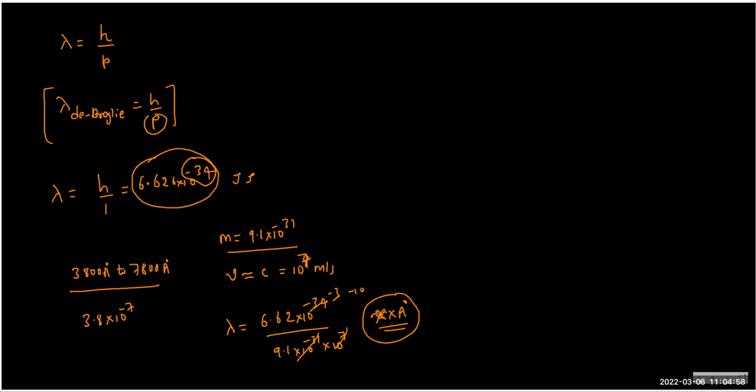Okay. Now the same thing is not true for real world objects, like we are very heavy. So our momentum is tremendously large, therefore our wavelength is so small that it cannot be seen, understood or detected at all. So the wave-like character is a very useful thing for the subatomic world, but not for the bigger world.